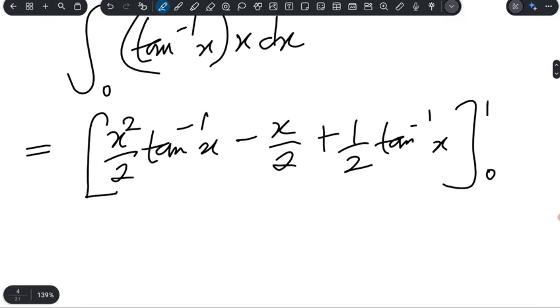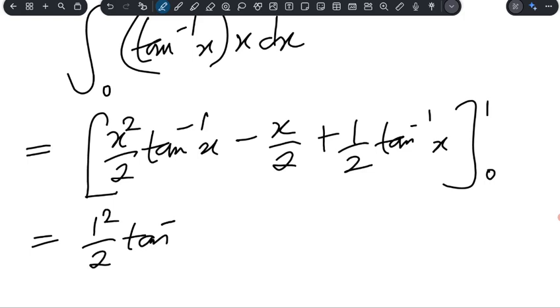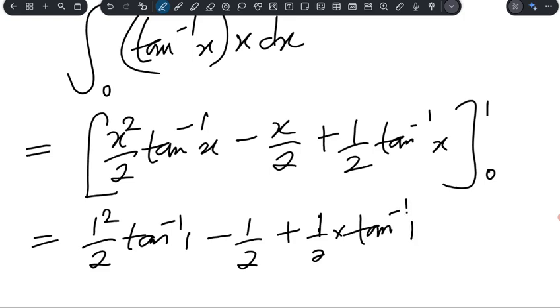In the process, we apply the 1 first. We have 1 squared over 2 arctan 1, minus 1 over 2, plus half times arctan 1.